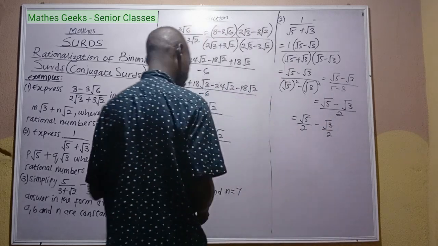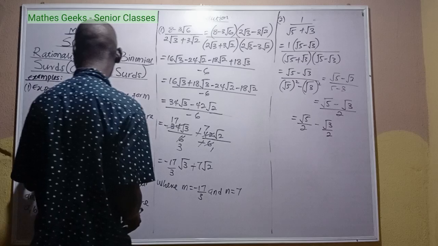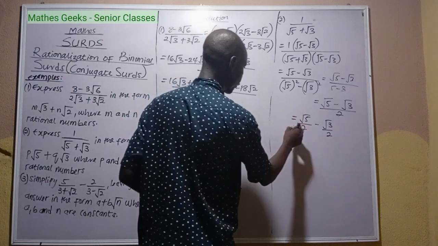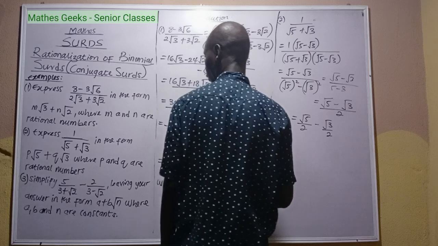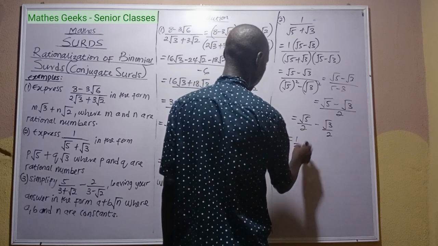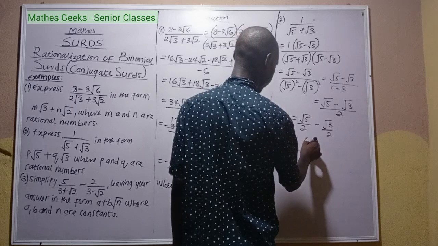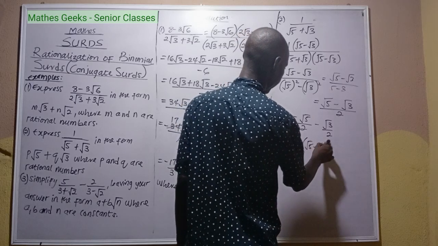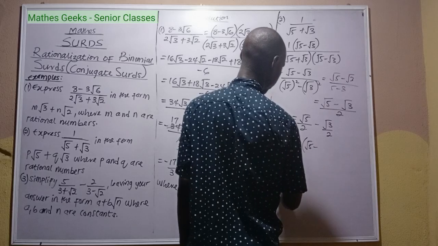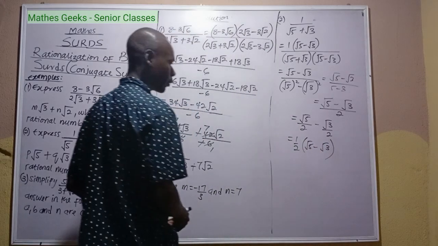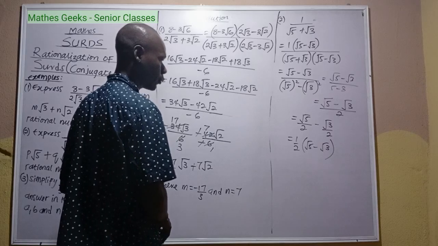So from here, what's our p? Our p is 1 over 2, and our q is minus 1 over 2. So we can write that as 1 over 2 root 5 minus root 3. Yeah, we can simplify it this way, 1 over 2 root 5 minus root 3.